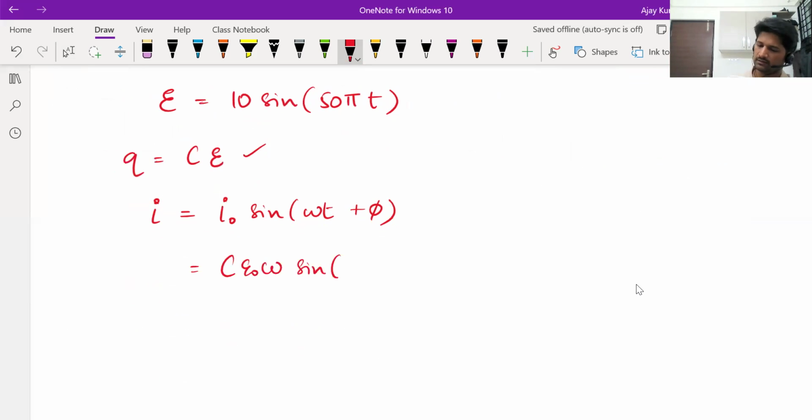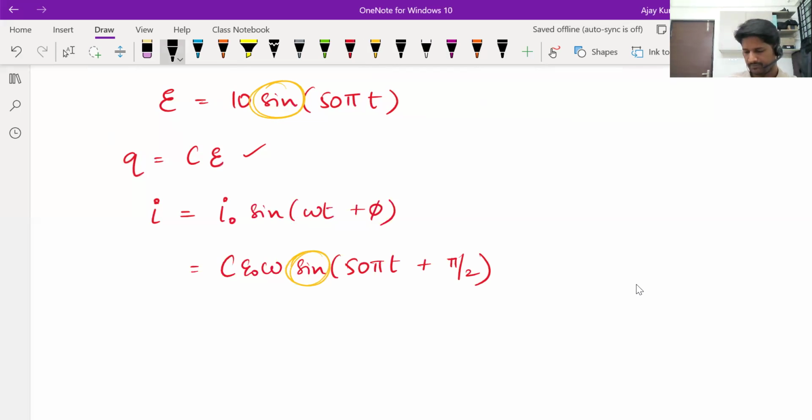Compared to the EMF function, the current function should have a phase of pi by 2 extra. So write the phase of the EMF function first, 50 pi t, and add a pi by 2. That's the current function. If you want, you can differentiate the charge equation and you will get this itself.